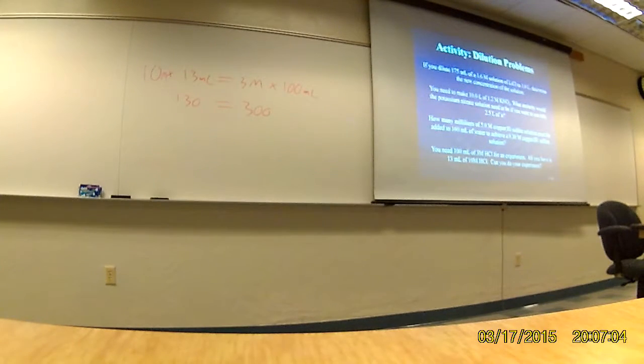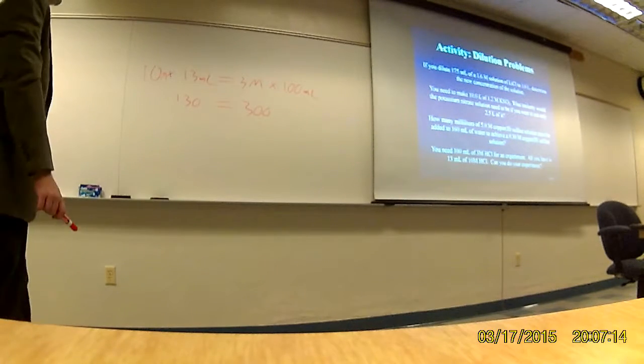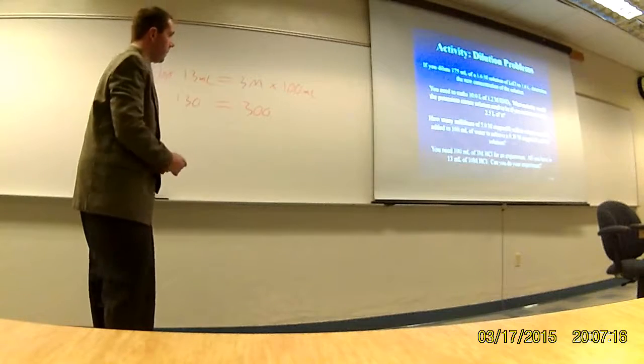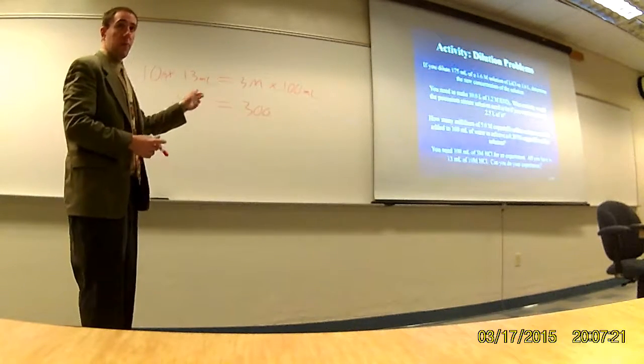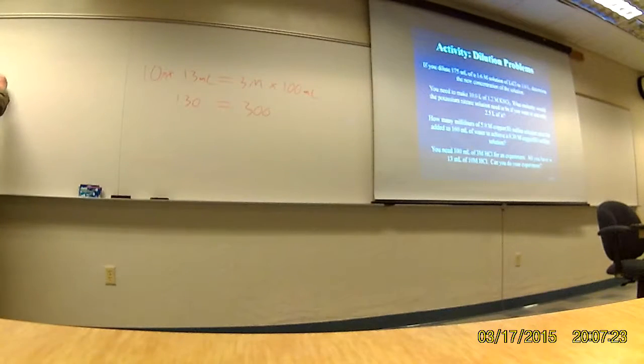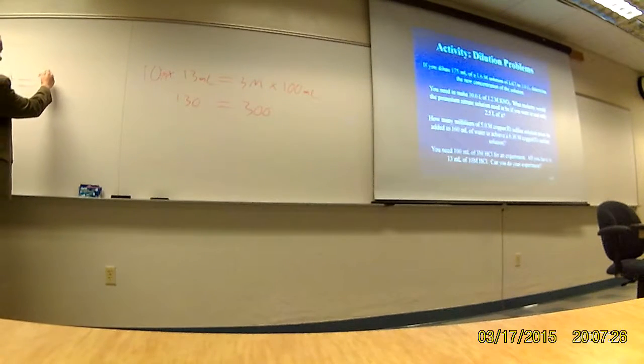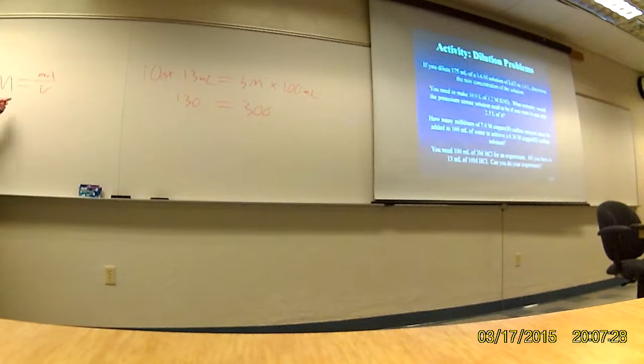But you're going to have to really stop and think about, what does that mean? Does that mean you have more, or does that mean you have less? The concentration of the solution we have is greater than... In order to figure out which one's more, you have to go back to the molarity equation, moles divided by volume. If I take molarity times volume, I get moles.